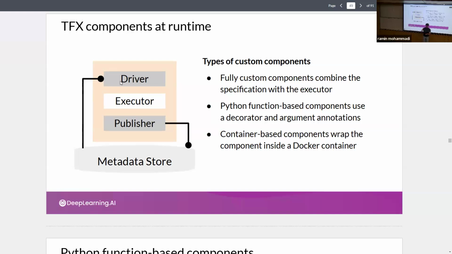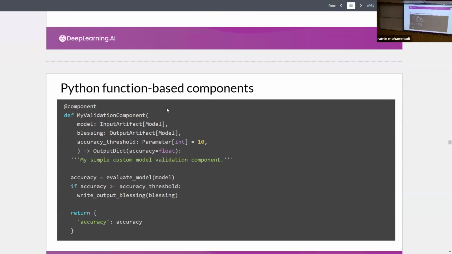Executor is your code, whatever you are doing. The result that the executor generates as metadata needs to be pushed to the metadata store, and the publisher does that job for you. So in TFX, of these three components, the executor is the one that you normally change. The other two normally are fixed. You don't manipulate those.